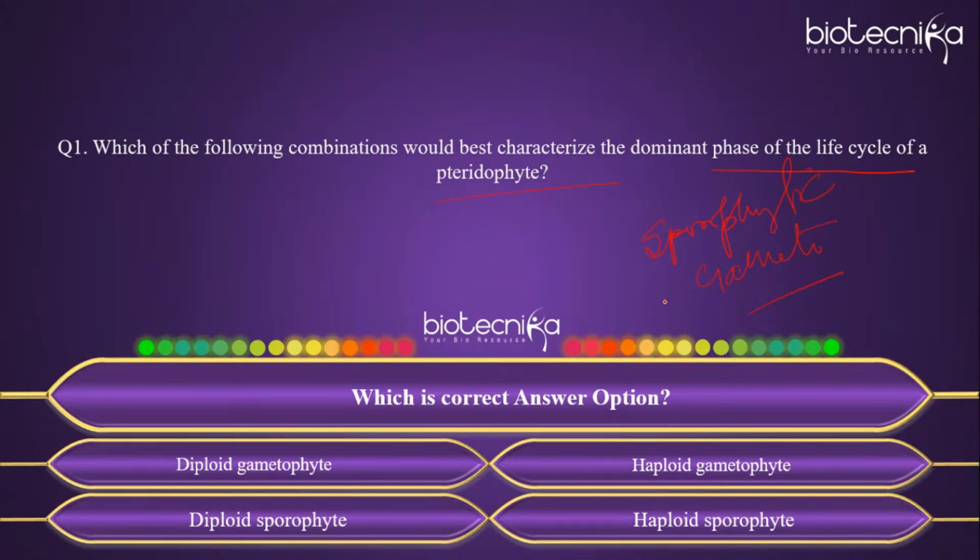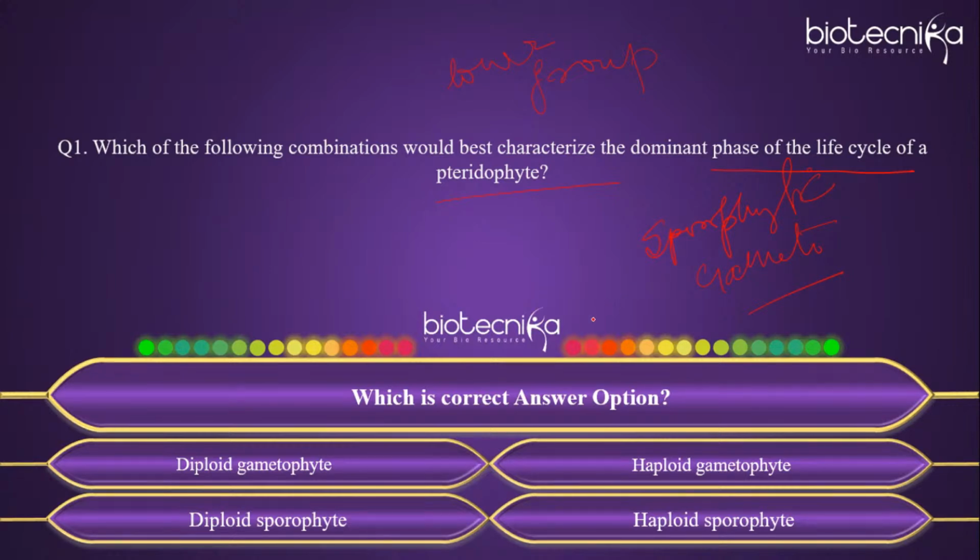When we peep outside of our window to see a plant or a tree, which part are we viewing? It is definitely the sporophytic part, because it's the dominant phase. And for the cryptogams, which are considered the lower group of organisms, the gametophytic phase is dominant and the sporophytic phase depends on the gametophyte.